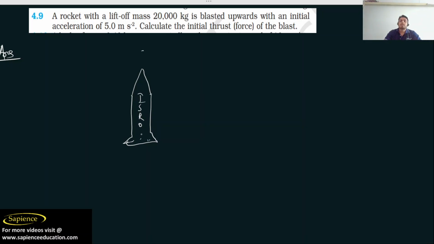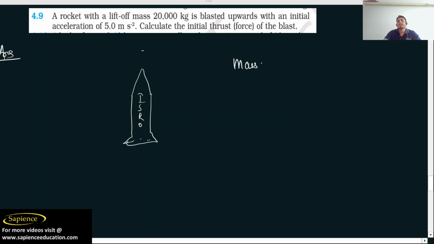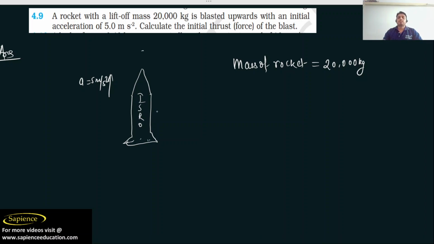Now the mass of the rocket is 20,000 kg, blasted upward with an initial acceleration of 5 meter per second square. We are supposed to find the initial thrust force of the blast.